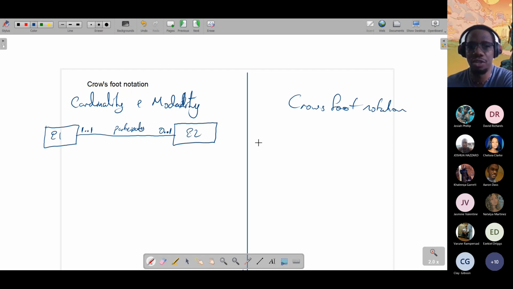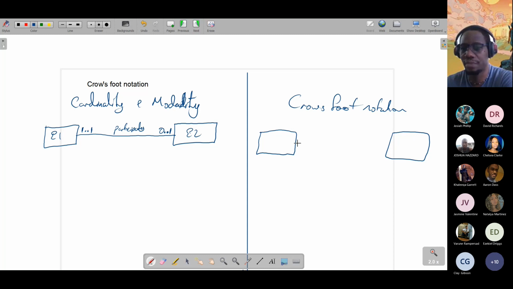So if I have to put this in crow's-foot notation, it would look like this. Okay, we have this entity here, and this first circle here represents the modality, and this line here represents the cardinality. And then we have two single strokes here.